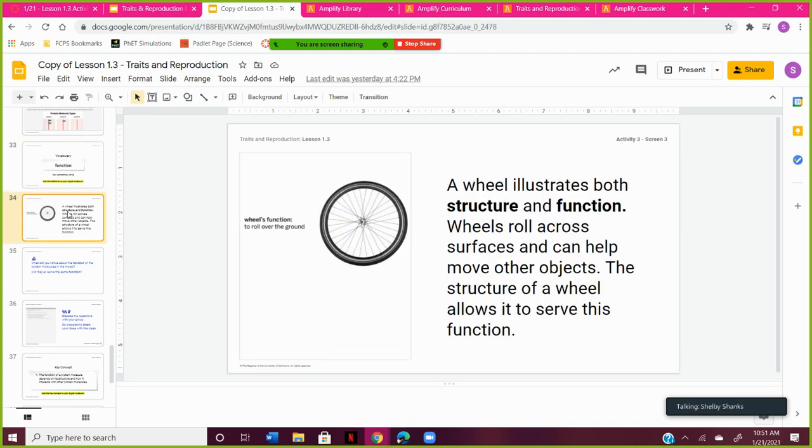We know that the structure of a wheel is circular, but the function is to roll over the ground. So a wheel illustrates both structure and function. Wheels roll across surfaces and can help move other objects, and the structure of a wheel allows it to serve this function.